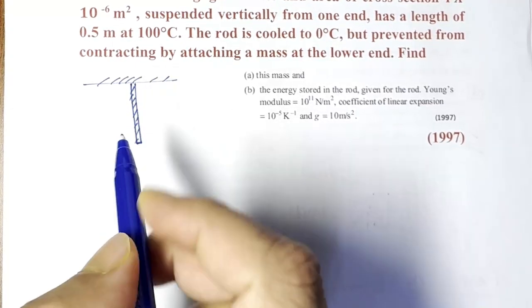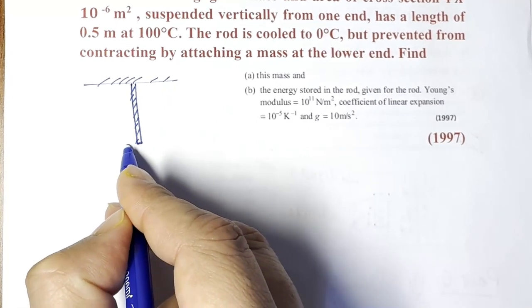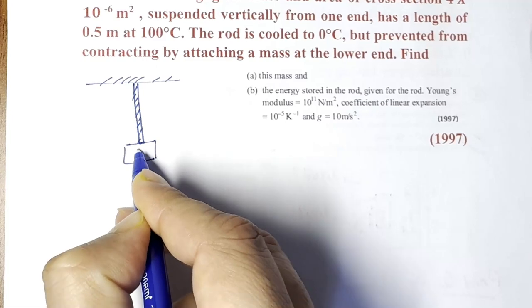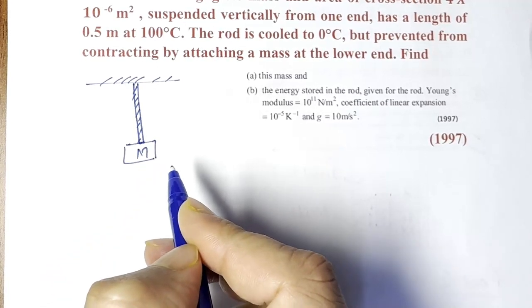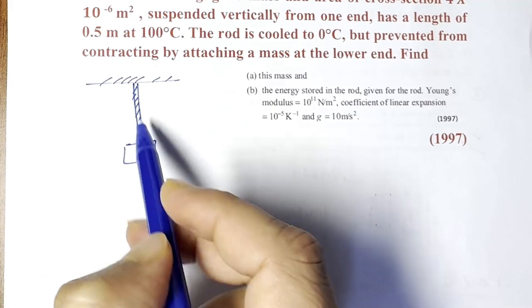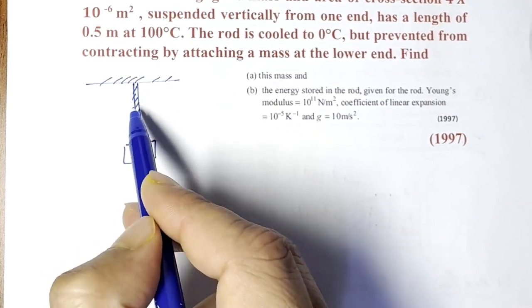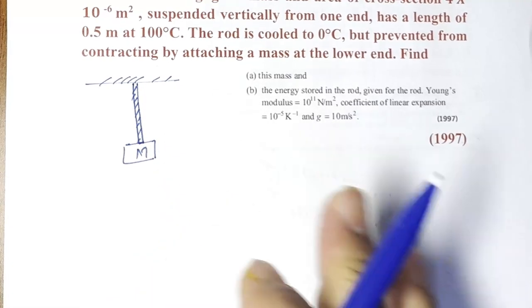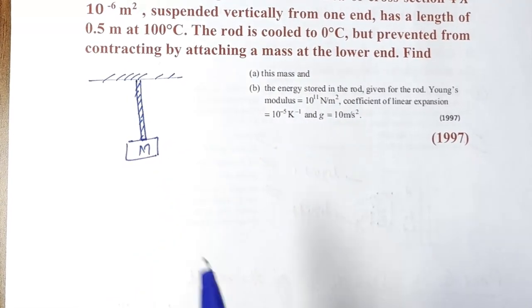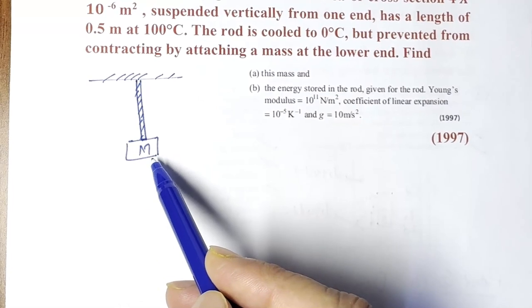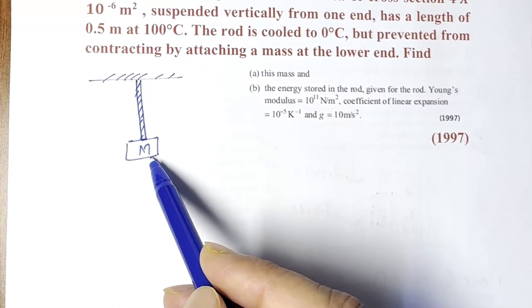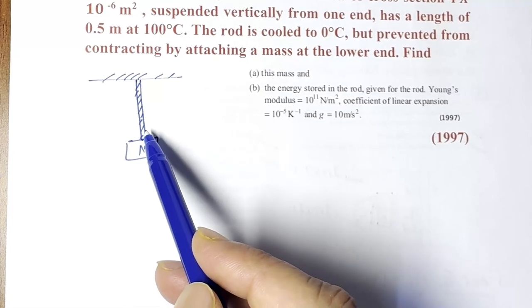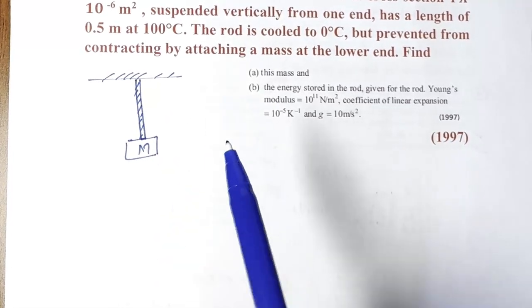But a mass, given as M, is hung from this rod. Suppose because of this mass, the contraction of the rod is prevented. So we are supposed to find out the value of this mass and the energy stored in the rod.